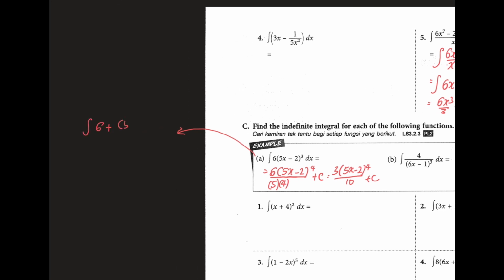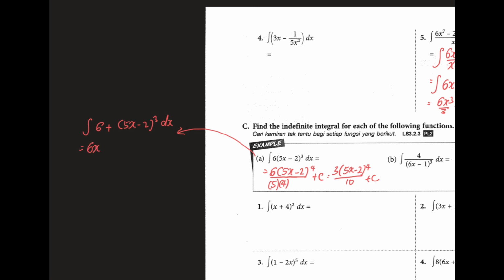So if it is 6 plus (5x minus 2) cubed dx, then we need to integrate this one, we need to integrate the 6. But if they are multiplying, no need to integrate the 6. If it is plus or minus, then you need to integrate the 6.